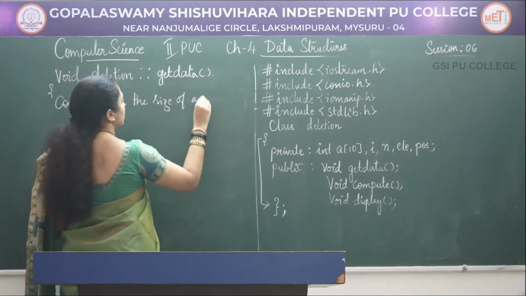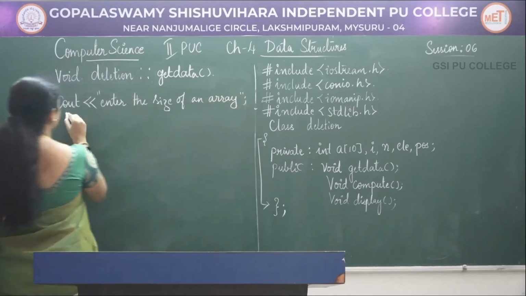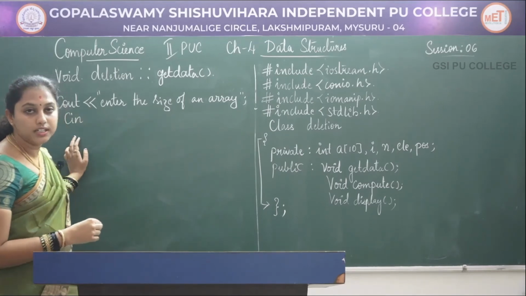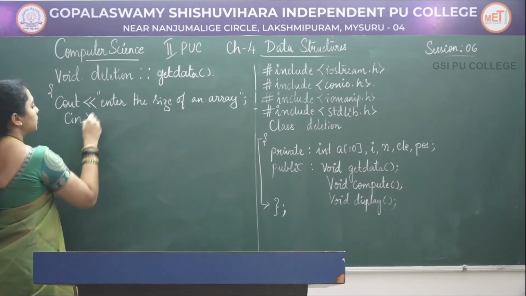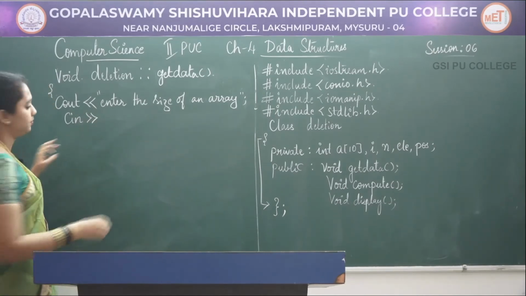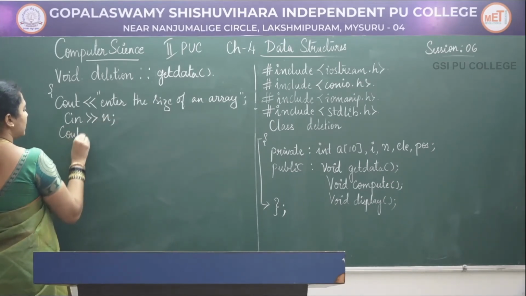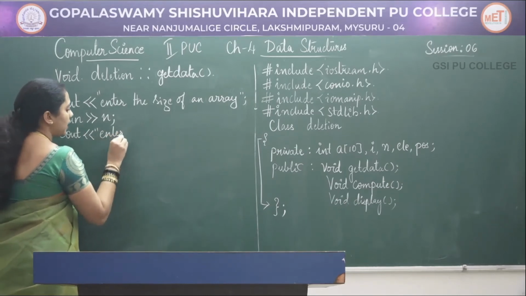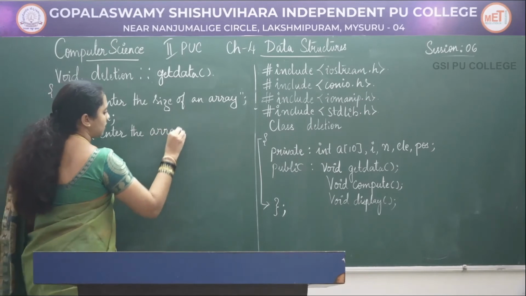The cin statement is used to read the data from the standard input device using the extraction operator. The size of an array is n. Next, we are going to enter the array elements. Enter the array elements.